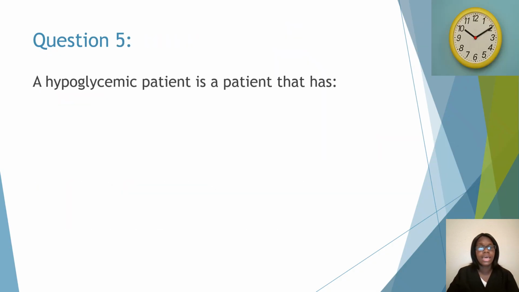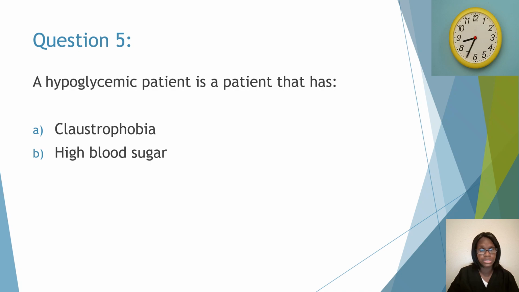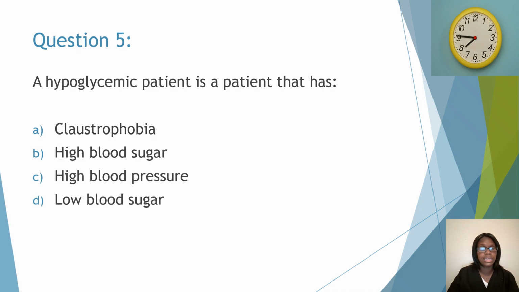Question 5. A hypoglycemic patient is a patient that has A, claustrophobia, B, high blood sugar, C, high blood pressure, D, low blood sugar.